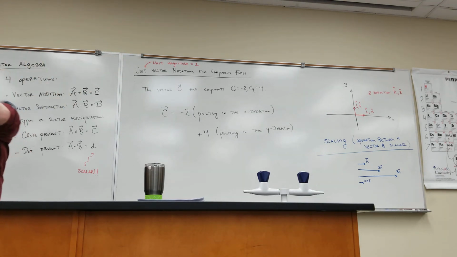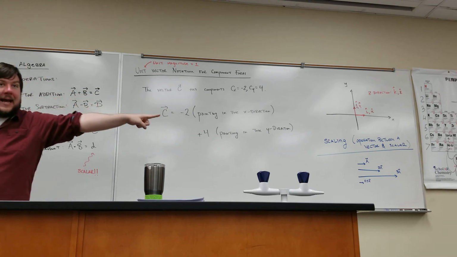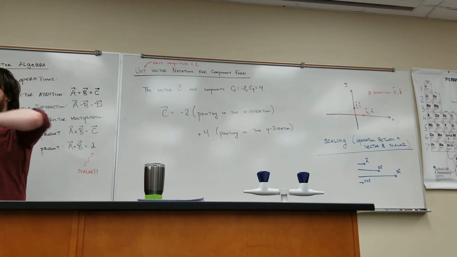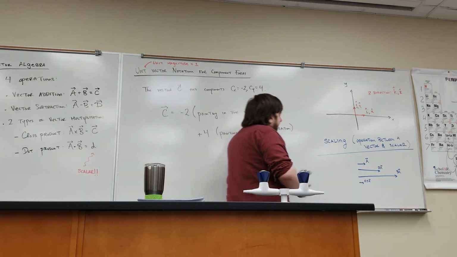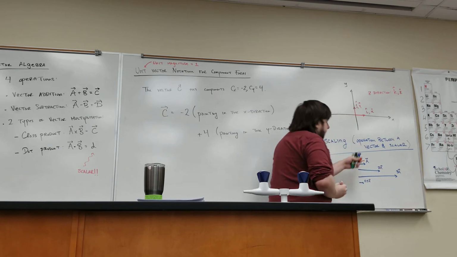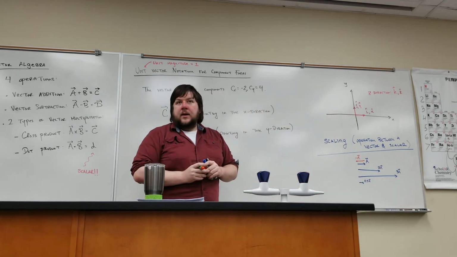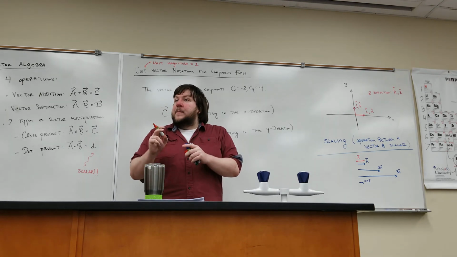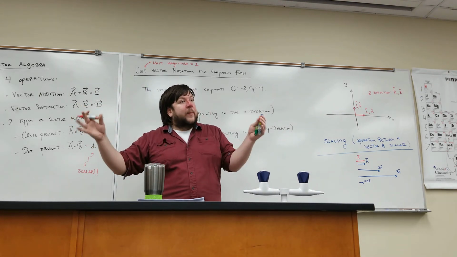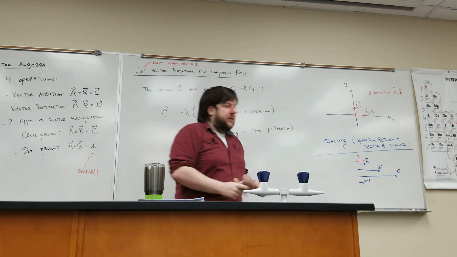But the one thing that a scalar can do is if you multiply it by a negative number, it can point to the left. So if I take A and multiply it by negative 1, I get a vector of the same length in the opposite direction. If I take A and multiply it by negative 3, I get a vector that's 3 times as long in the opposite direction.